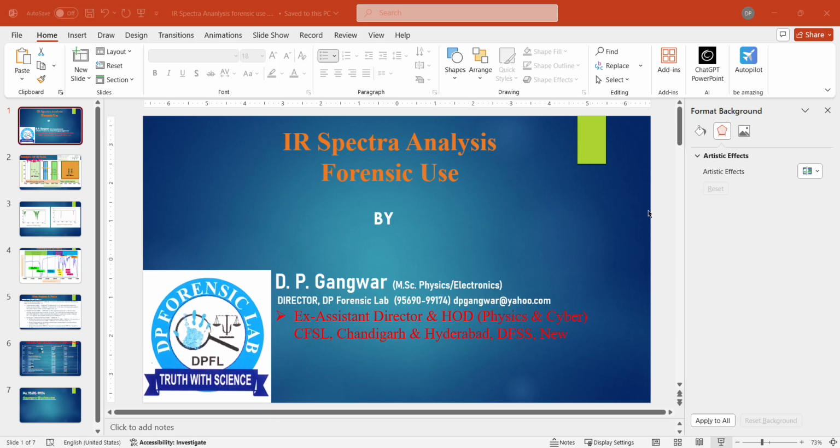In the double bond region, we have C=C, C=O, or C=N functional groups. In the triple bond region, we have C≡C and C≡N. And this region is for CH, OH, or NH. So this should be kept in mind.